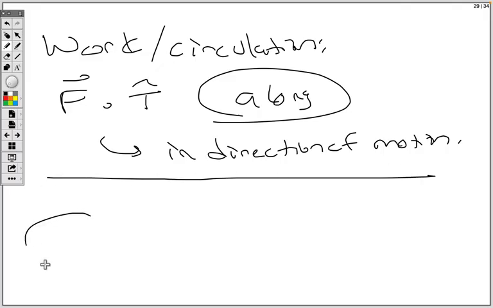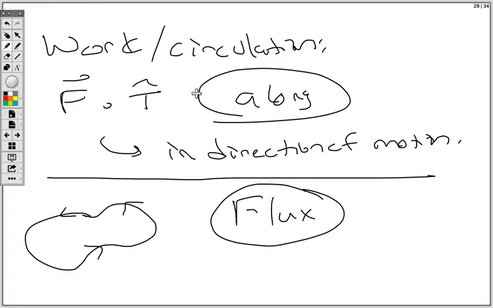So if you have a simple closed curve C, like that, then a simple closed curve in the plane bounds a region. And so we have another concept we're interested in called flux. Whereas with circulation and work, you're moving along the curve, so you're dotting it with a tangent vector. How much are you picking up as you go along the curve? Flux is talking about going across the curve.